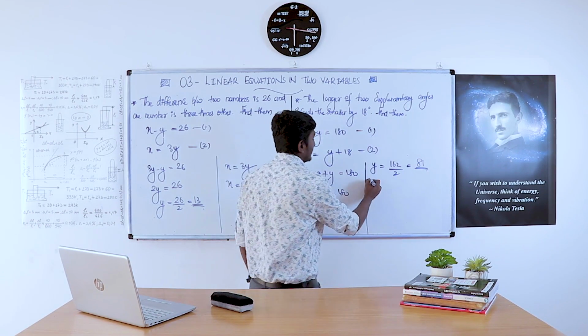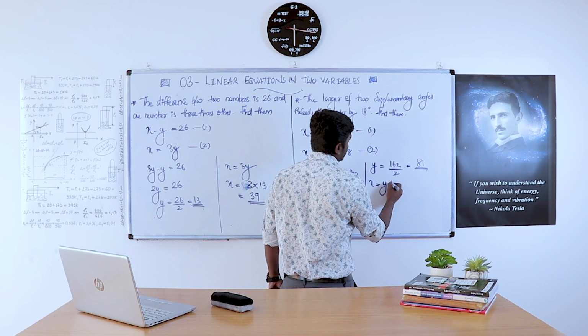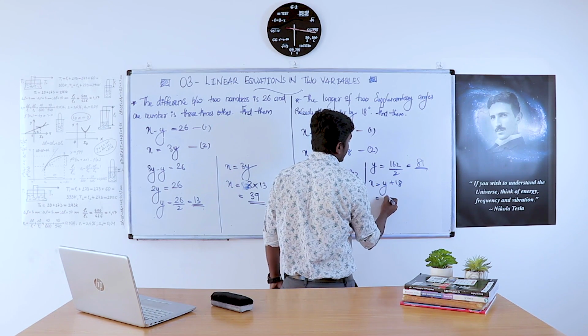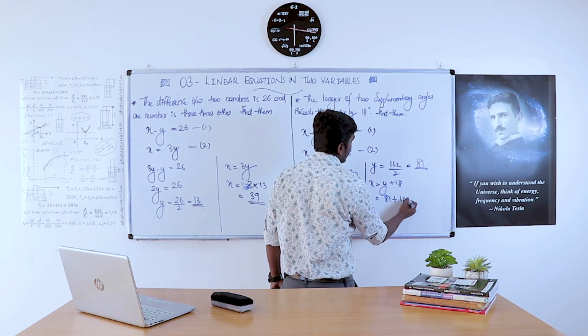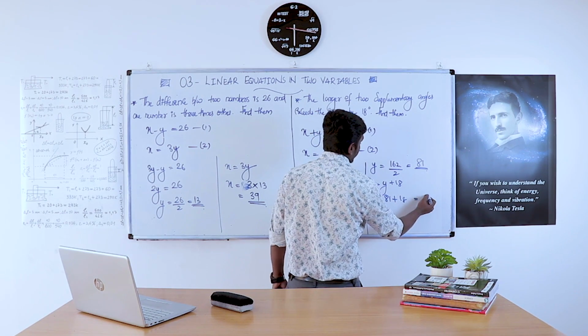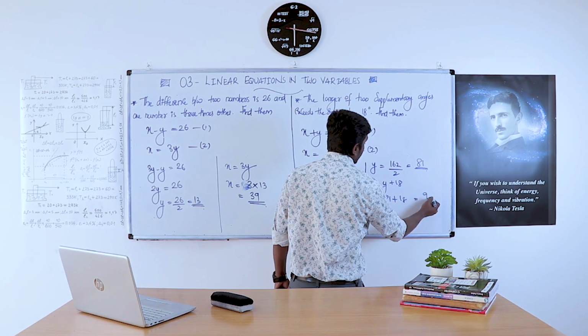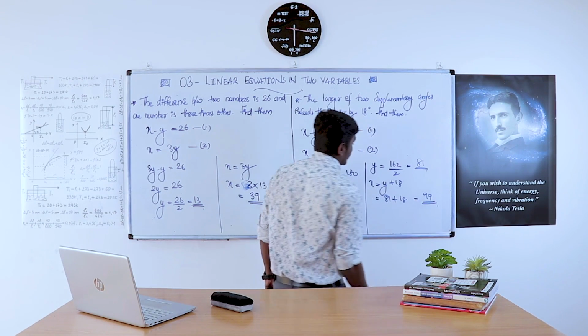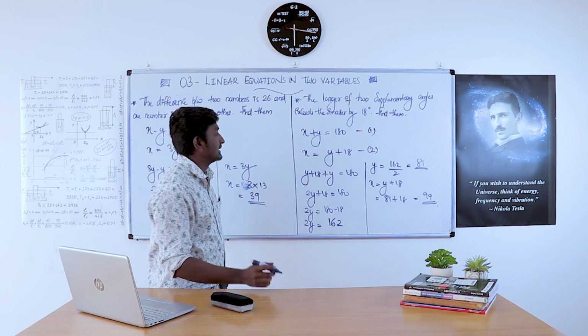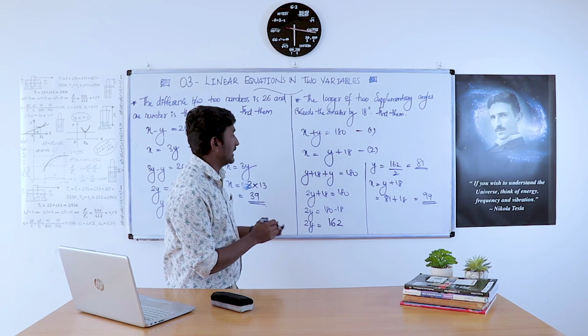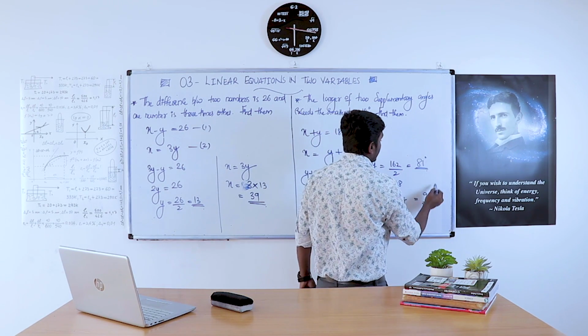Then what is x? x is equal to y plus 18. That is 81 plus 18, that is equal to 99. So the two angles are 81 degree and 99 degree.